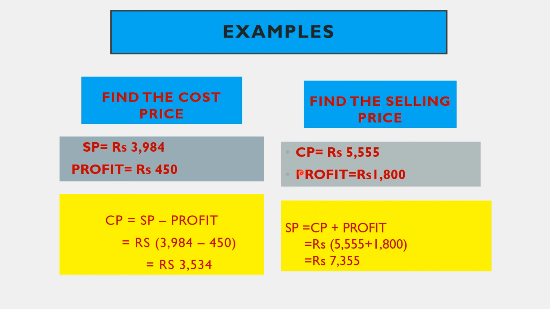Now the cost price is given as rupees 5555 and profit is given as 1800. So on adding, you get rupees 7355. So the selling price of the article is rupees 7355.